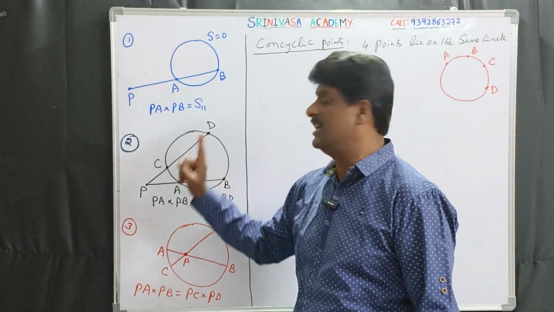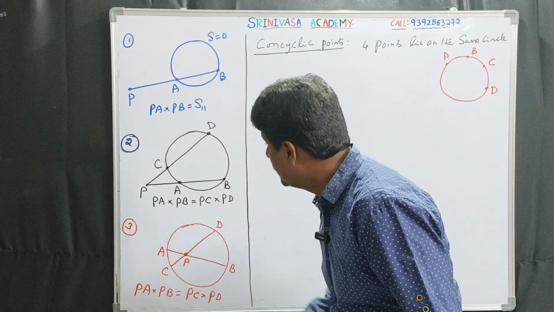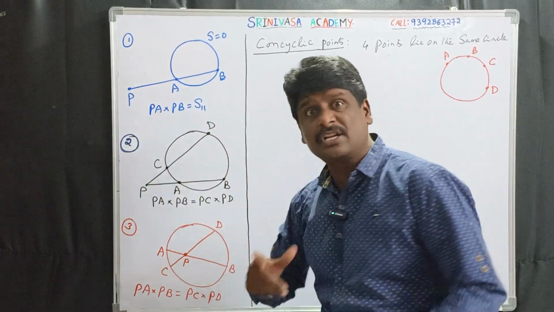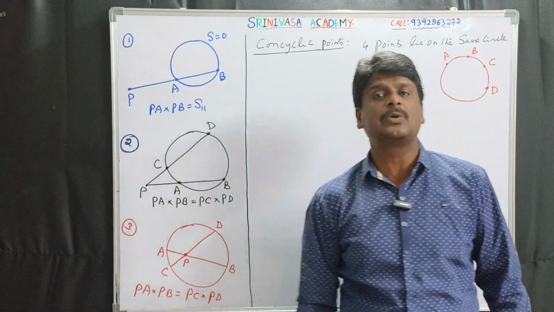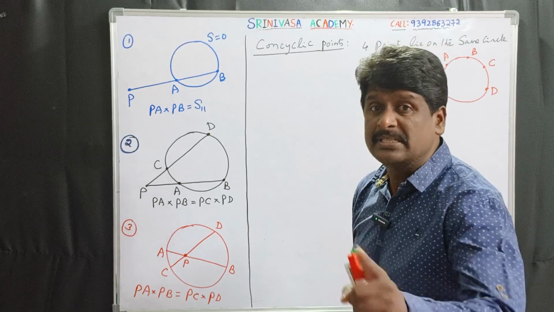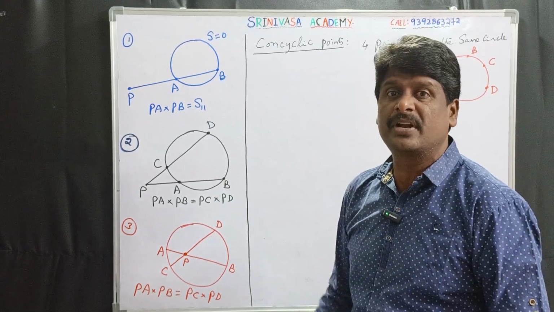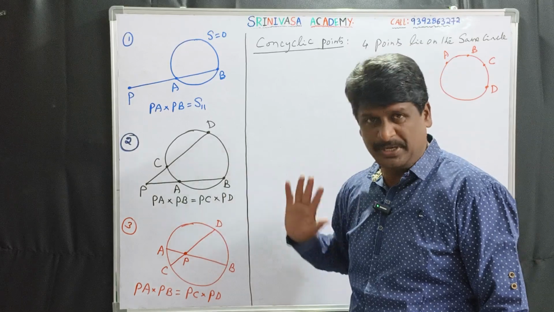Just now we have seen PA into PB is the power of a point. PC into PD is also the power of a point, same as S11. Because P lies outside the circle, PA into PB is equal to S11 and PC into PD is also equal to S11. We get PA into PB is equal to PC into PD.